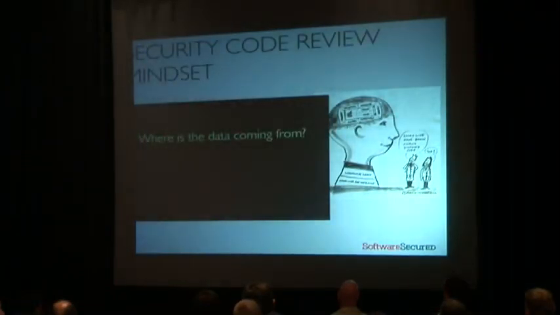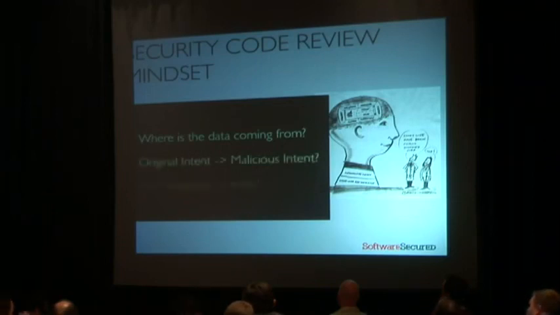Where is this data coming from? And do I trust this data? And we are going to look at a part of the process that answers this question systematically. Can the original intent of this line be changed to a malicious intent based on the answer of the first question? And whether there's any mitigating control.